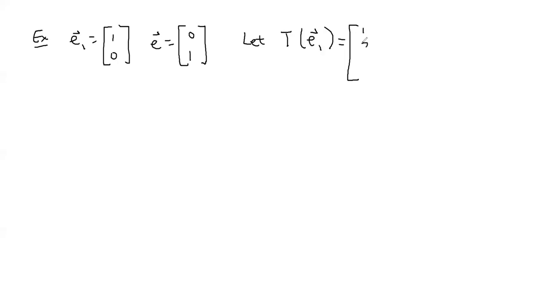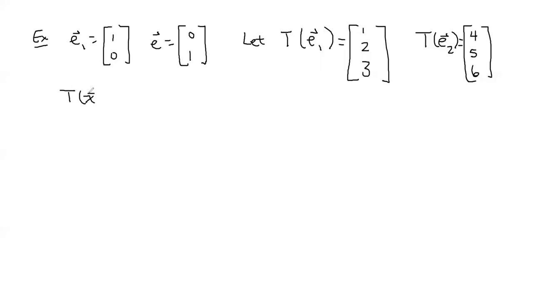So let's say it sends e1 to (1, 2, 3), and it sends e2 to (4, 5, 6). Again, I don't know what my transformation does. I just know that it's linear and where it sends these two vectors. So let's see if we can figure out where it sends an arbitrary vector x. Again, our domain is two dimensions, so x is going to have two components, x1 and x2.